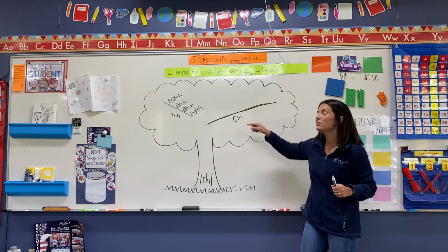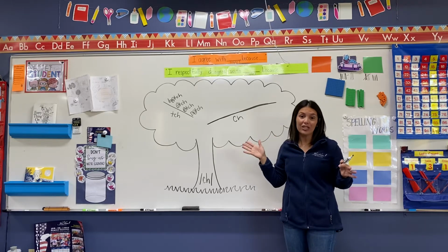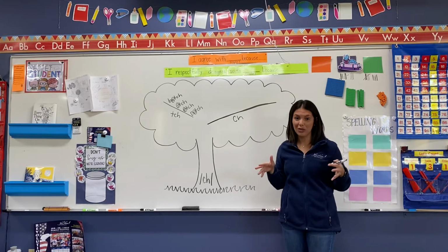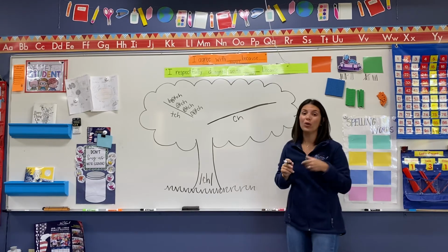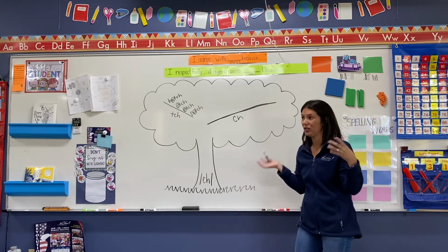Now let's move over to our next branch, the CH for the sound ch. When do we use the CH? So the CH is used in most other situations. It is the most common way to spell the sound ch. There's three different ways where we can use it.